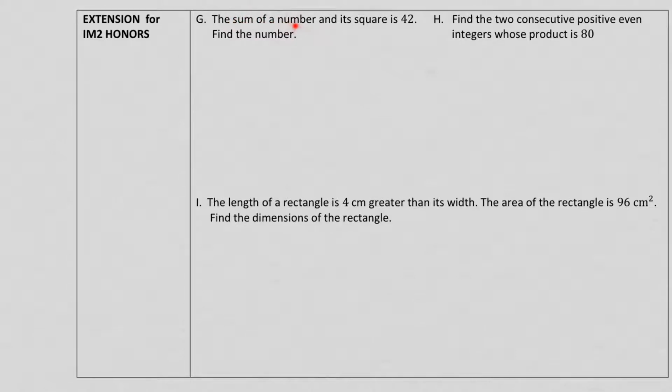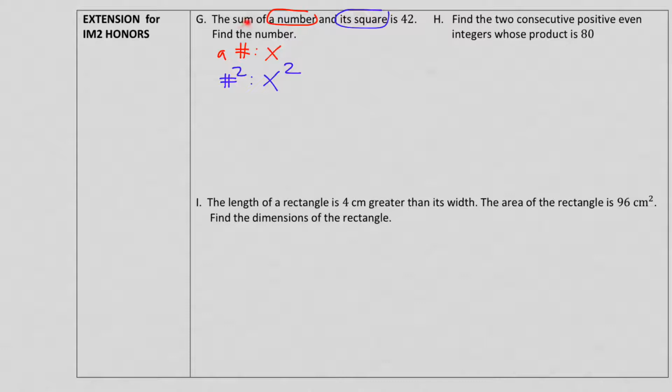The sum of a number, so a number I'm going to define as x. If my number is x, then its square is going to be x squared. It's the number squared. So I can define those terms that way.